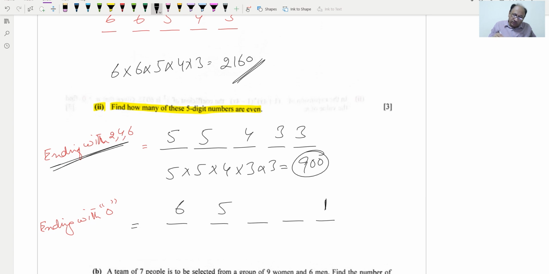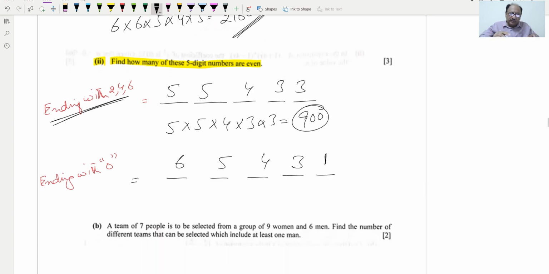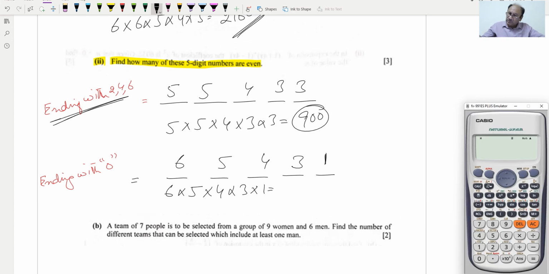So 6, 5, 4 and 3, and we can multiply these numbers, and this will be 6 into 5 into 4 into 3 into 1, which will be equal to 360.